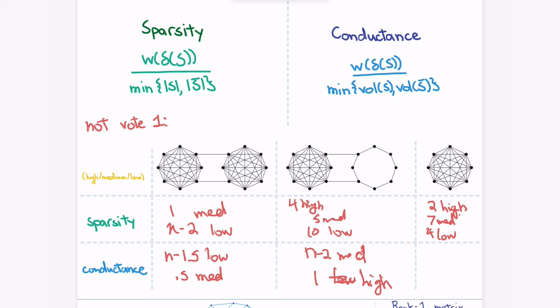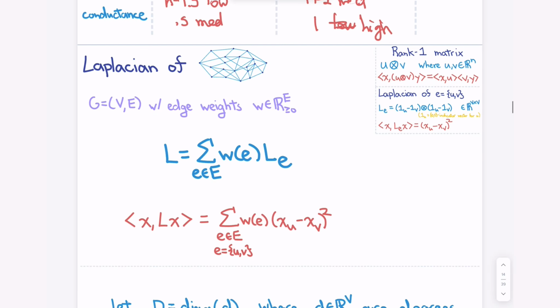Okay, you all lost your minds. Low conductance, okay. So this will also be a pretty high conductance graph. No matter how you separate it, you have to cut a lot of edges, although the value will probably be a little lower than here.